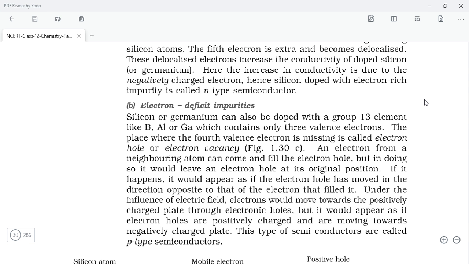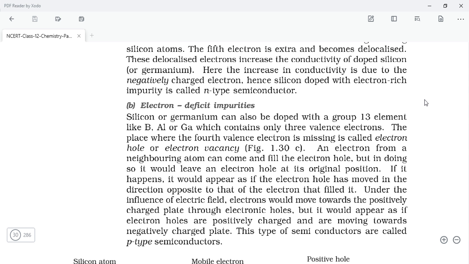An electron from a neighboring atom can come and fill the electron hole, but it would leave an electron hole at its original position. It would appear as if the electron hole had moved in the direction opposite to that of the electron that filled it.